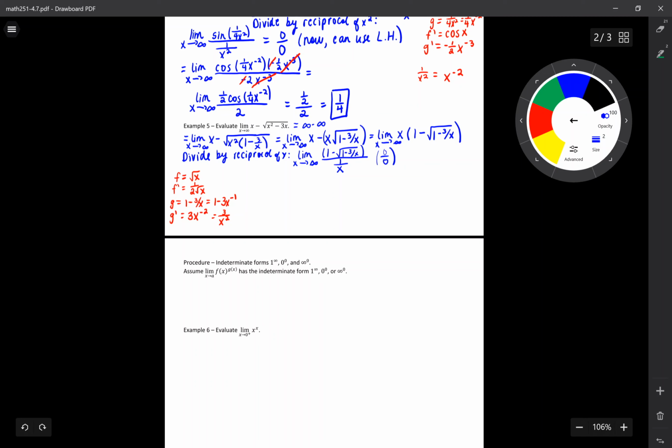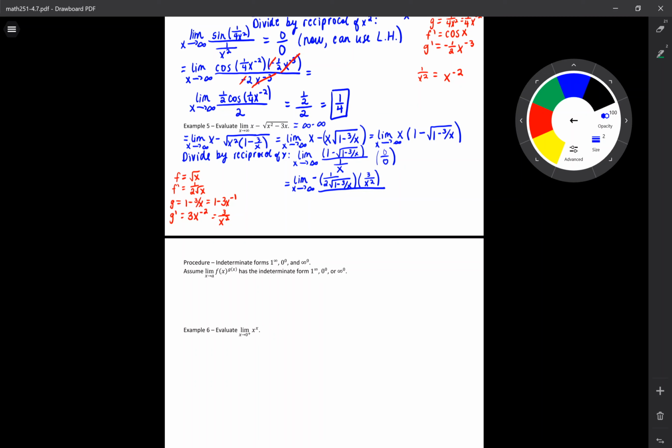Okay, so here I get that the derivative of the top, limit as x goes to infinity, of course that 1 just disappears, so I have negative, since I have that negative in front of the square root, f prime of g, that is 1 divided by 2 square root 1 minus 3 over x, times g prime, which is 3 divided by x squared, divided by the derivative of the bottom.